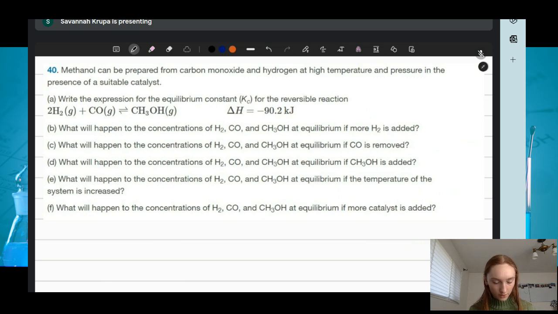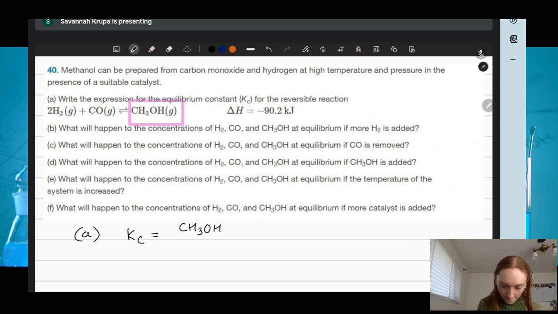Okay, so this is going to be just as what we've been doing before. When we find the equation for Kc, Kc is going to be equal to the reactants, or sorry, the products on top. So that will be the CH3OH, and this is going to have the concentration, not the partial pressure here.